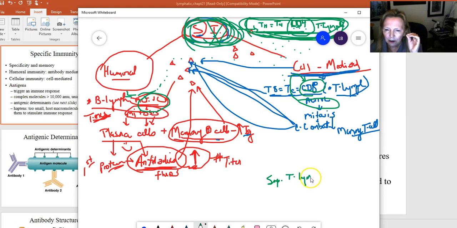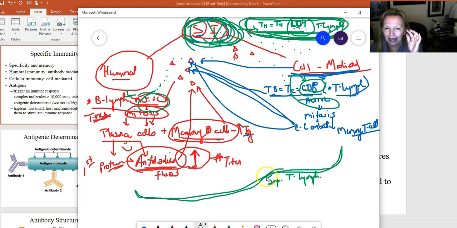What I want you to know about suppressor T lymphocytes is that they sort of monitor this whole system, the humoral and the cell-mediated, making sure that it stays in the right kind of response. Just like a military, you don't want to blow up an entire city just to take care of a couple of bad guys, right?